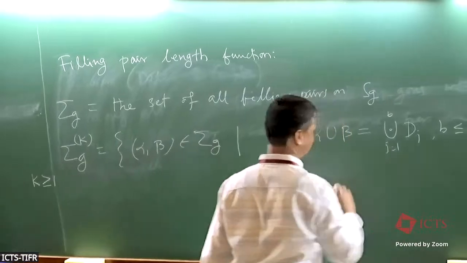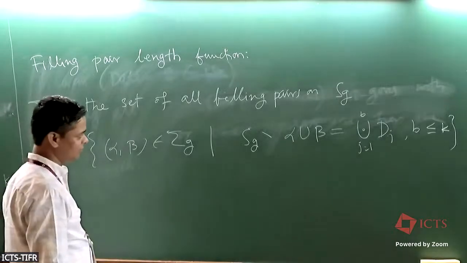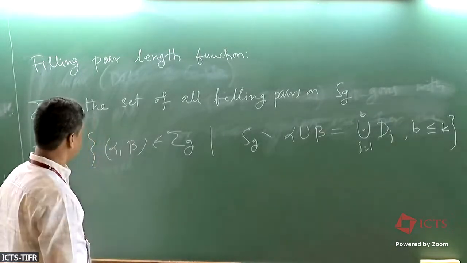So at most k many disjoint topological disks.